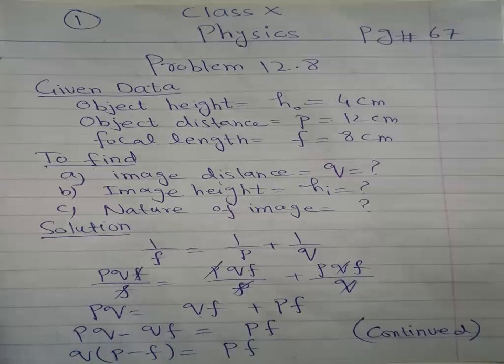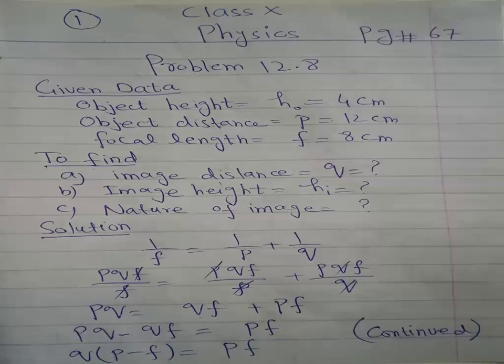Now I am talking about a convex lens. The formula will remain the same as we discussed for convex and concave mirrors. We will use the same formula in case of lenses, whether they are lenses or mirrors.